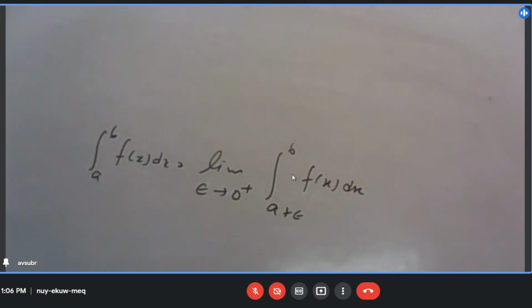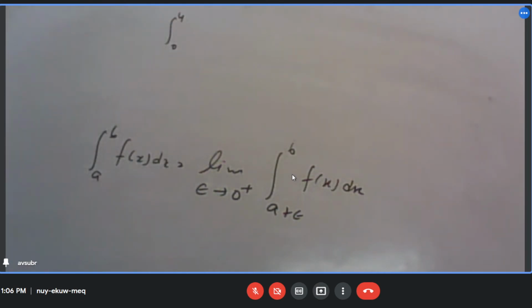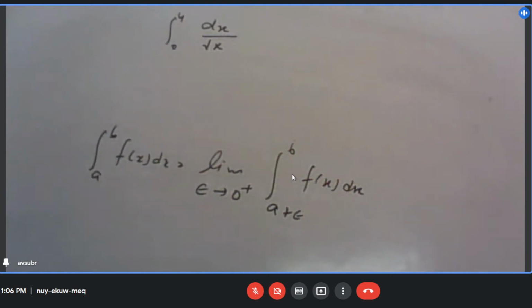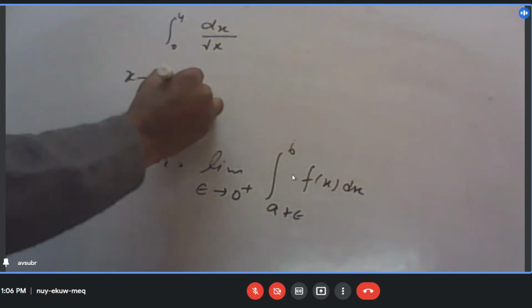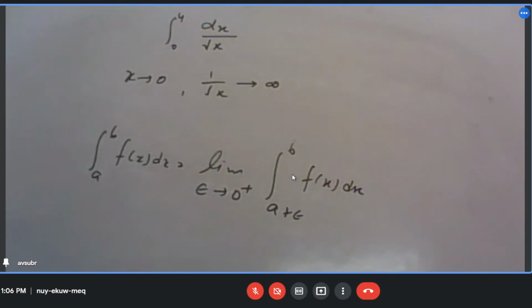So now let us take an example. Example is this one. I want to evaluate this. Here you just see that as x goes to 0, 1 by root x goes towards infinity.